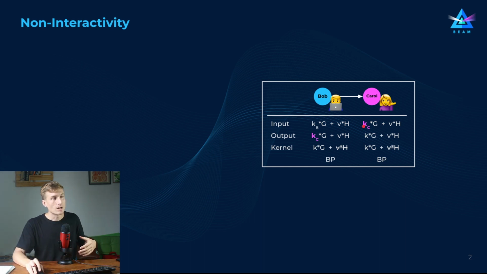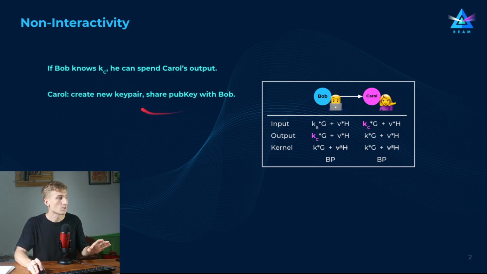Alternatively, and this is what Beam has done now, so this is live on the command line wallet, and it should come to the GUI wallet soon. Carol is going to choose a new public and private key pair, and then give her public key to Bob.